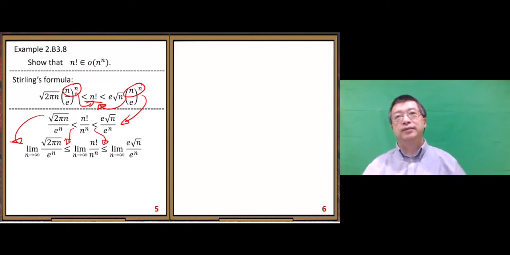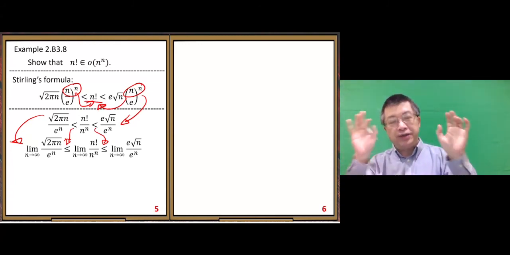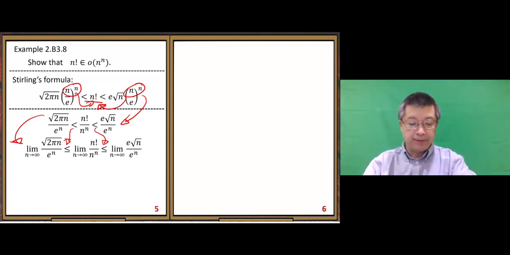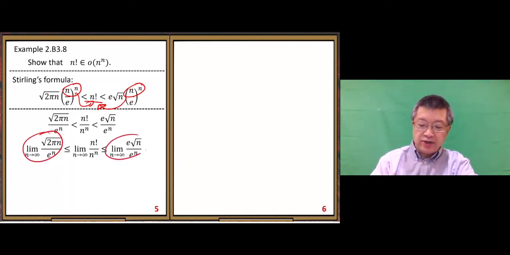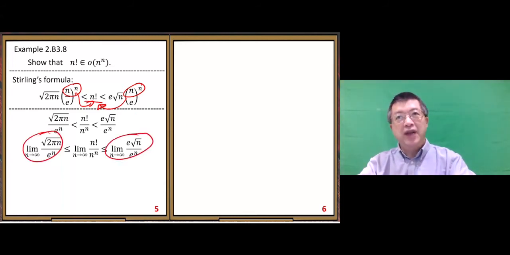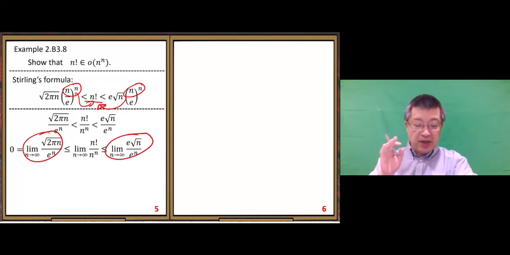Otherwise, we miss the equal case. All right. So now, what is this limit? Can you see that? Here, using our previous example, we can get both limits equal to 0.